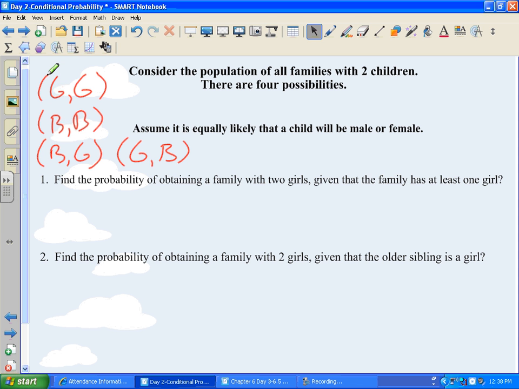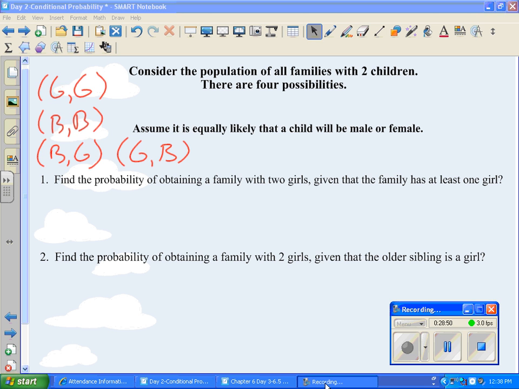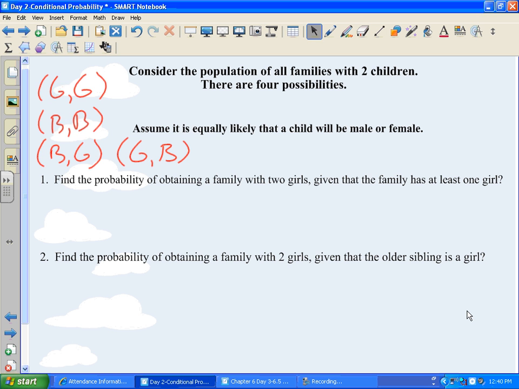I want you to tell me, are they the same, are they different? And if they're different, how are they different? All right. How many groups at least acknowledge these are conditional probabilities? You said the word given in there. I at least recognize that I've been given different conditions on problems 1 and 2.